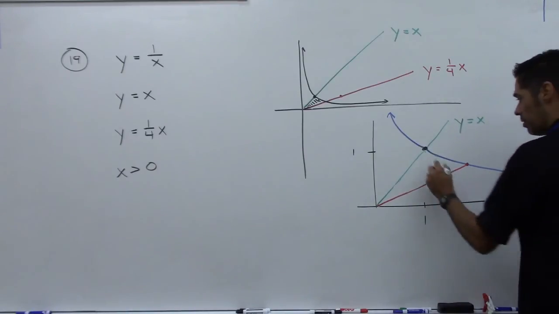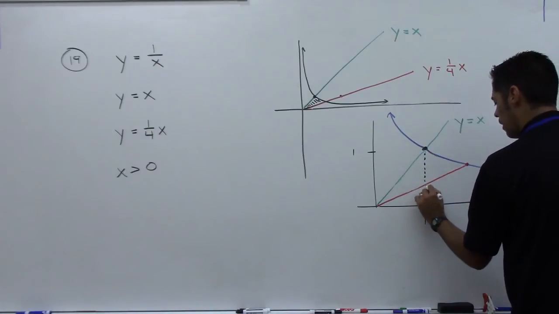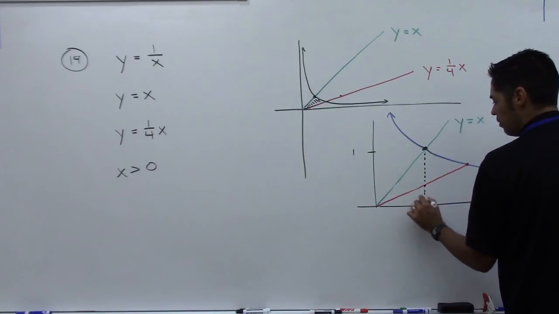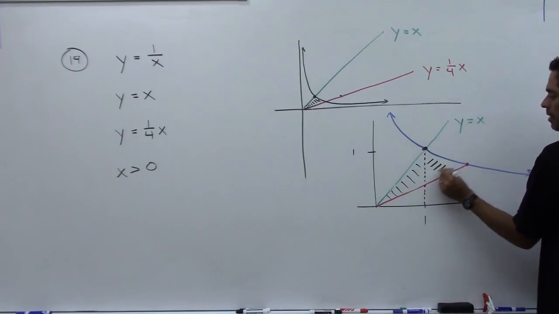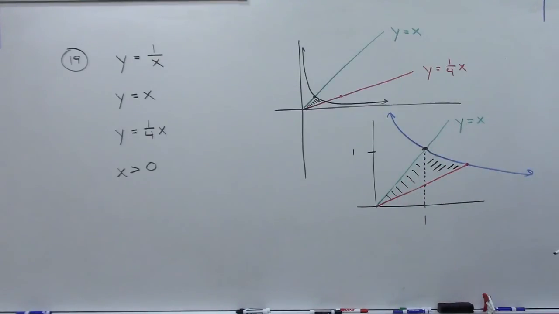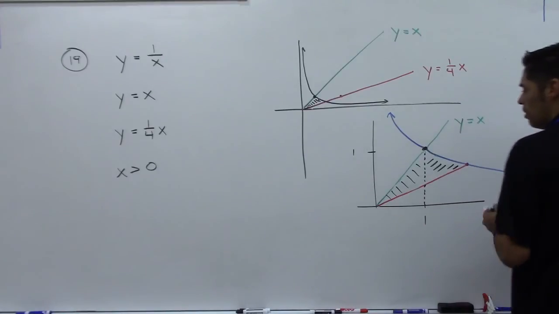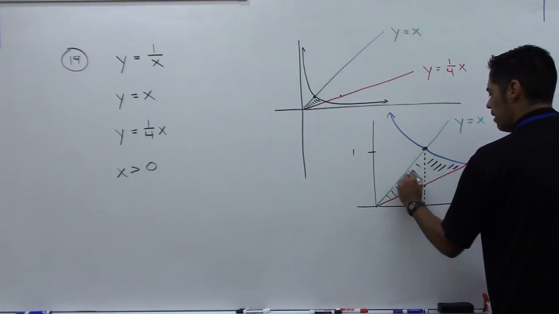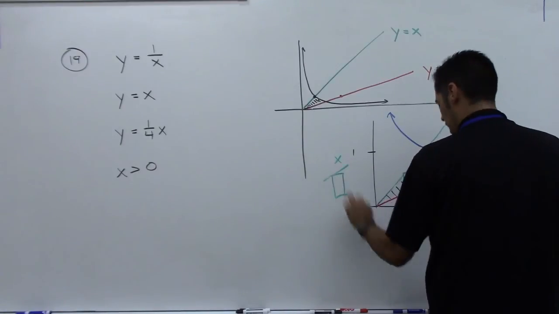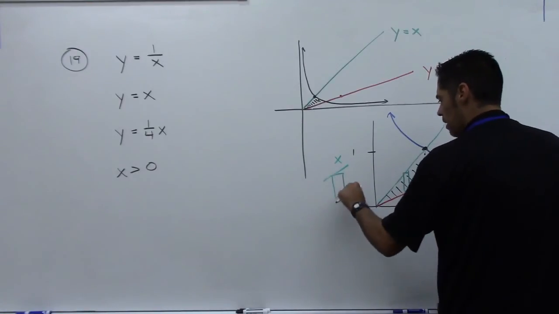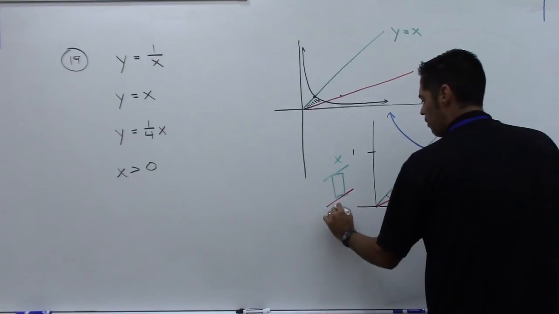two different integrals. So right here is where I'm going to do an area first, and then I'm going to do this area over here separate. And so the green one for this rectangle right here, the green one is on top, that's x. The red one is on the bottom, and that's 1/4 x.